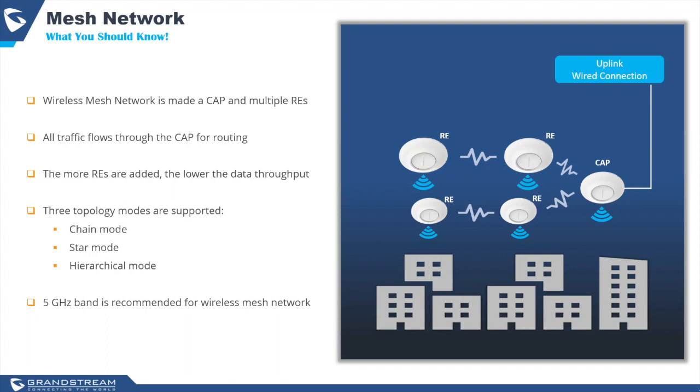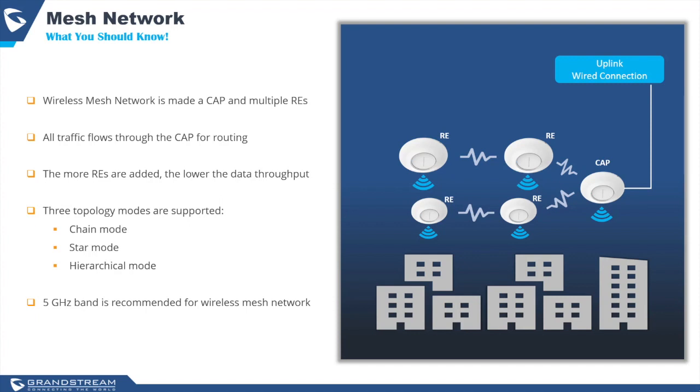The REs are connected in a daisy chain, and we do not recommend exceeding 3 REs in chain mode. Star mode is usually used for hotspot coverage where the REs are directly connected to the central CAP, and we usually do not recommend using more than 4 REs connected to the CAP.